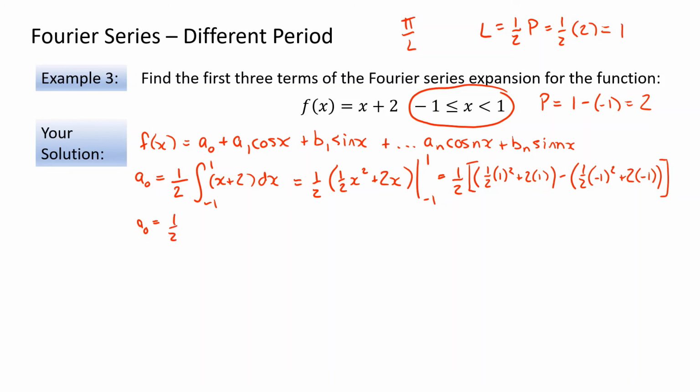So you get 1/2 times 5 over 2 minus our second piece, 1/2 times -1 squared is +1. So we get minus 1/2, and 2 times -1 is -2, minus 2. So if you simplify this even further, again, you could have used your calculator. I'm doing it all just by hand. We get 5 over 2, and our second term is 1/2 minus 2, okay, which is -3 over 2.